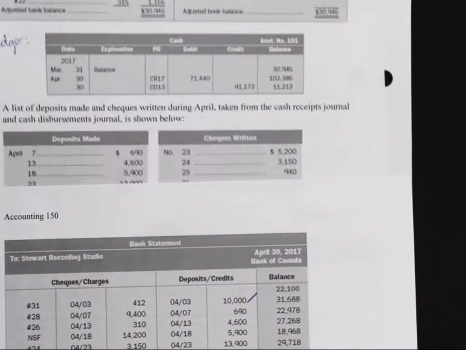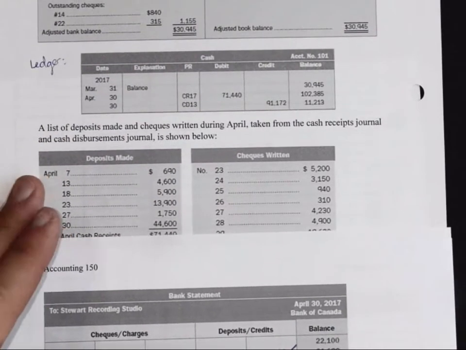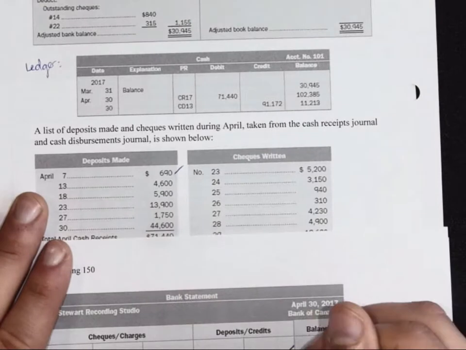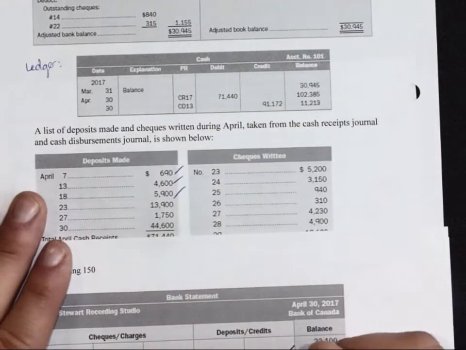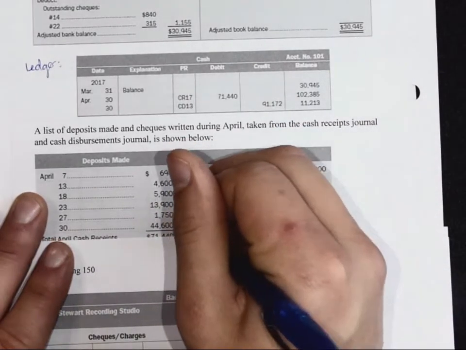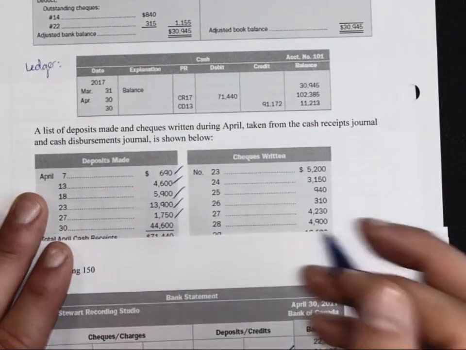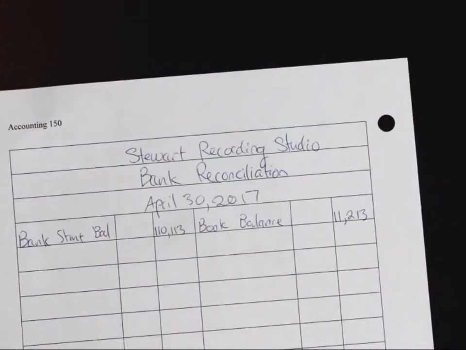Following that, we can go into our April receipts. $690, cleared. $4,600, $5,900, $13,900, $1,750, $44,600. No.